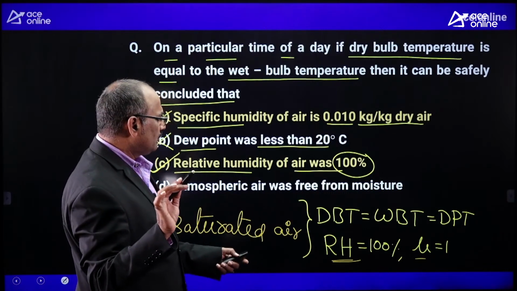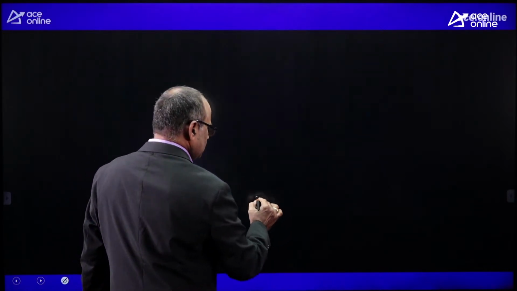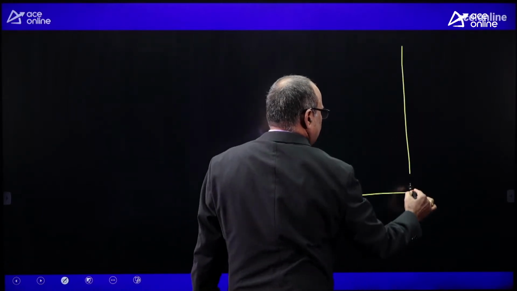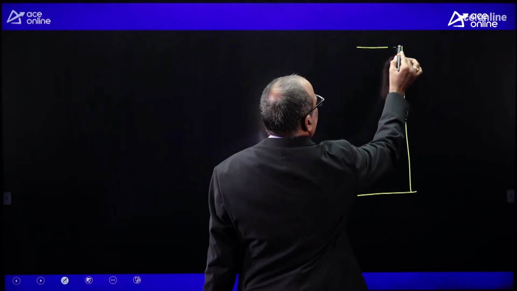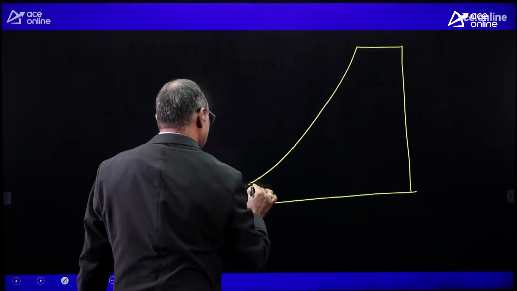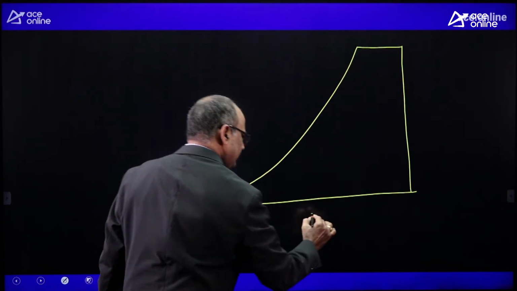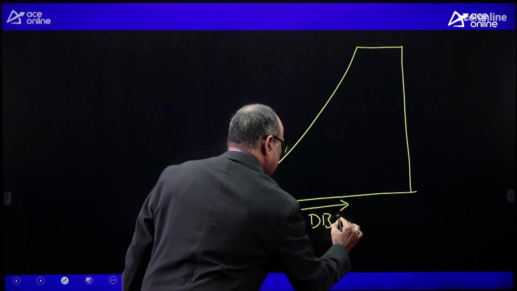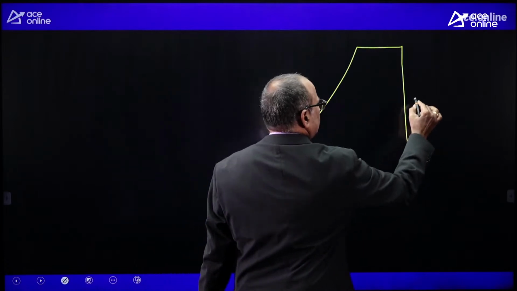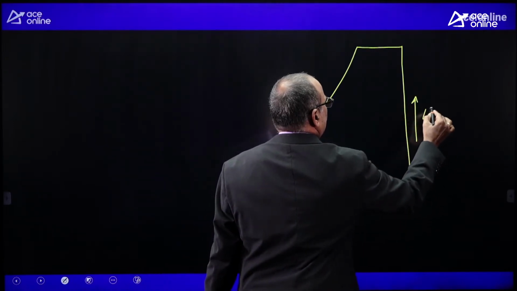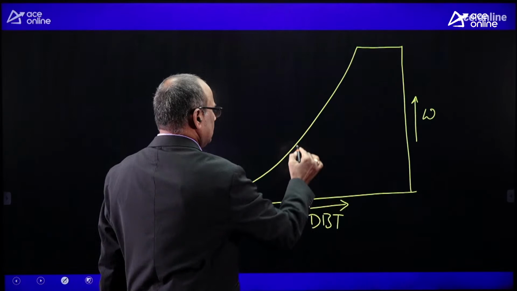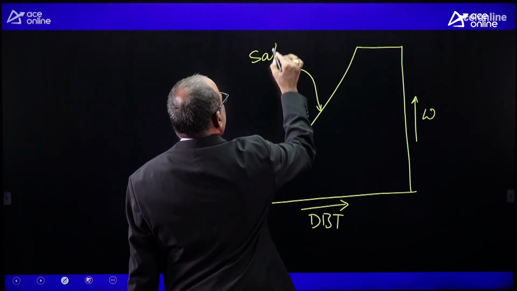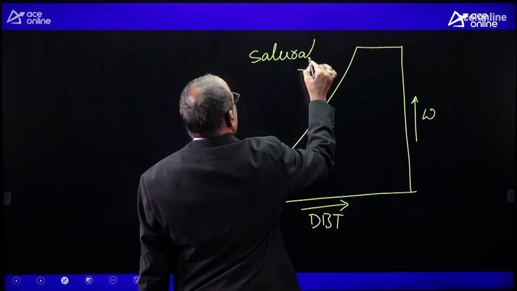Okay? You know, if you take the psychrometric chart, the psychrometric chart is looking like this. We are taking the dry bulb temperature on the abscissa, specific humidity on the ordinate. This is the saturation curve.